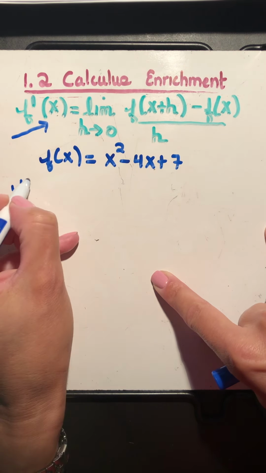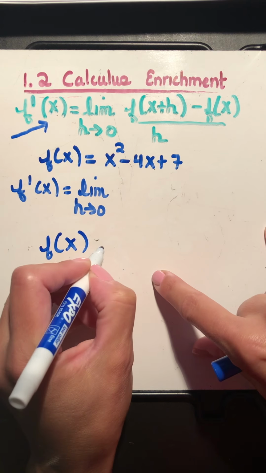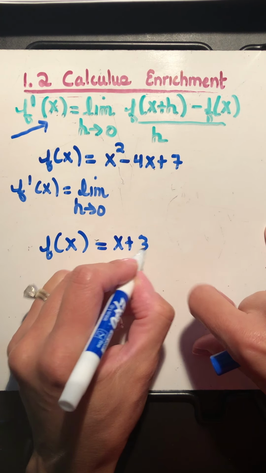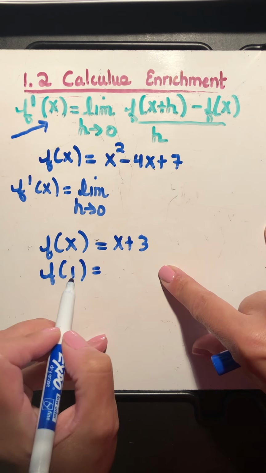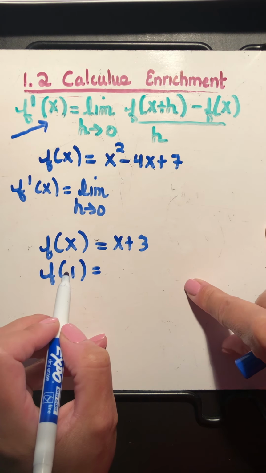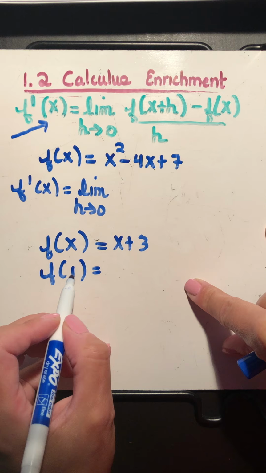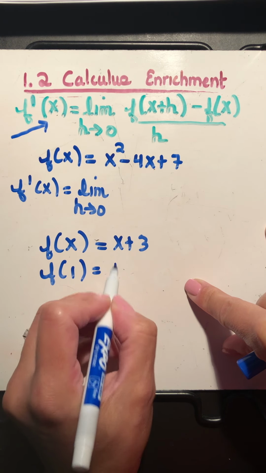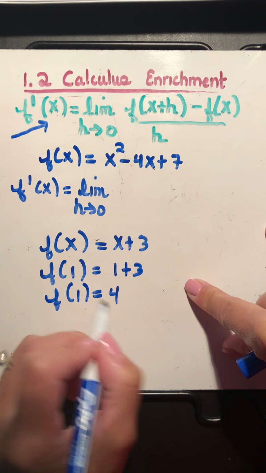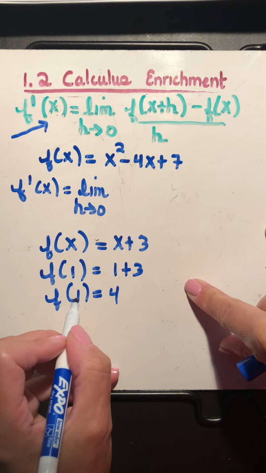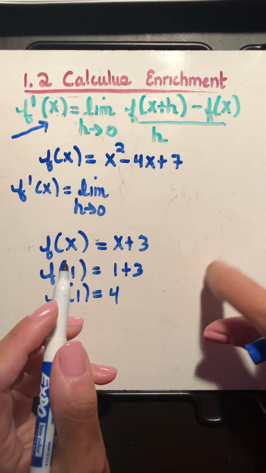If I had f of x equals x plus 3, and I told you to calculate f of 1, you would know that 1 is the input and has to go in for x. So you would substitute 1 in for x, get 1 plus 3, and say that f of 1 equals 4. So when the input to the function is 1, the output is 4.